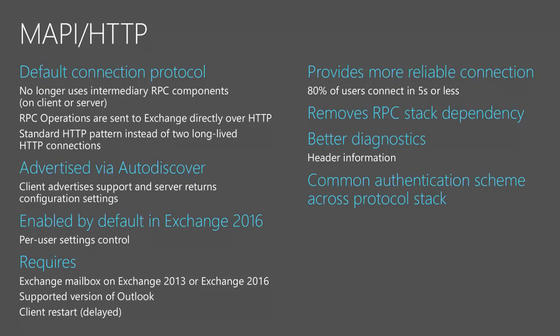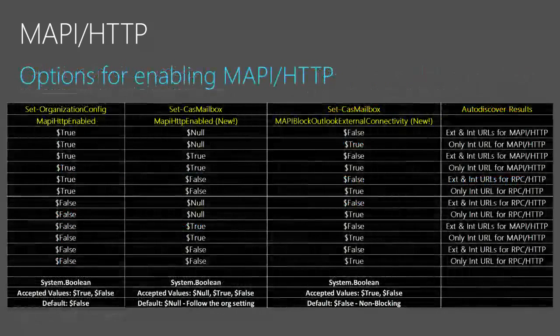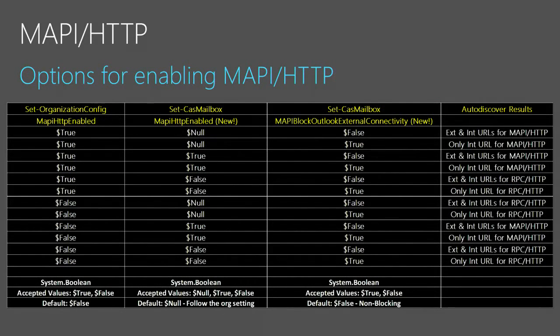And of course, you need the supported version of Outlook as well, which would be 2013 SP1 or later, preferably 2016. All right. So there's a couple options that you have.